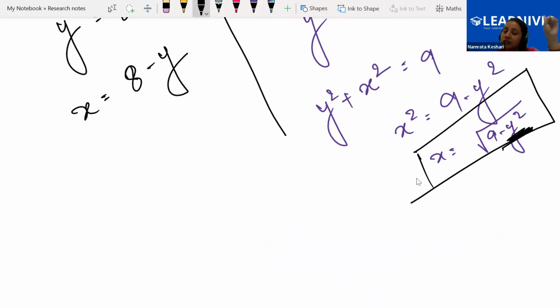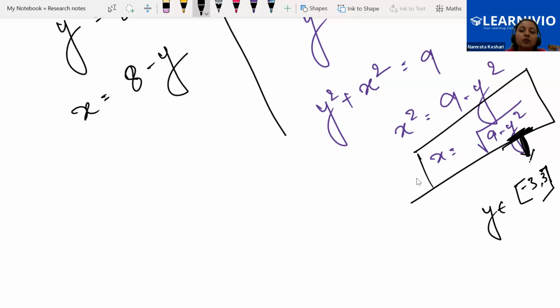Initially it was x. Here we will think what will be the possible value of this y, and we will come to the conclusion that initially exactly same equation we were having, and this x value we have figured out, that will lie in between -3 to 3. Here also this y will lie in between -3 to 3.